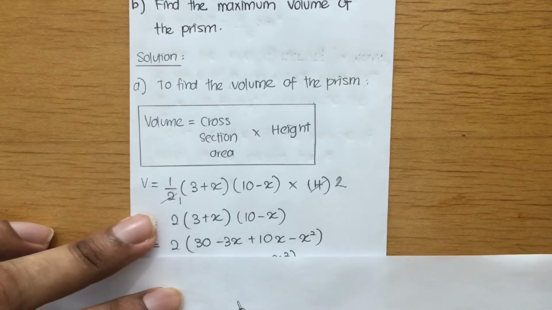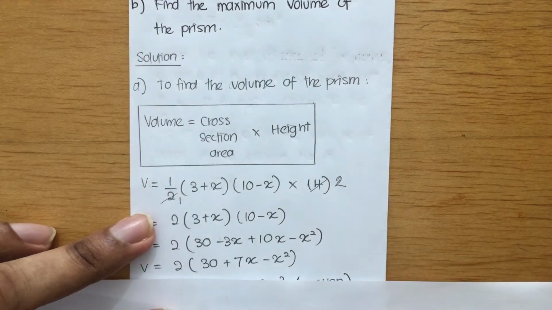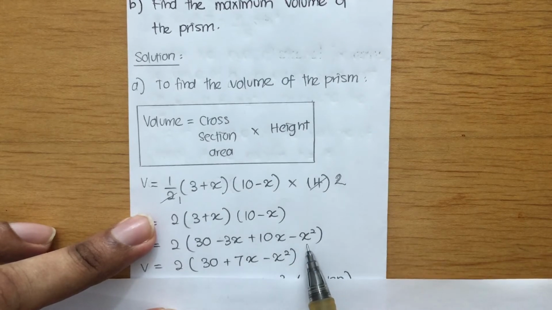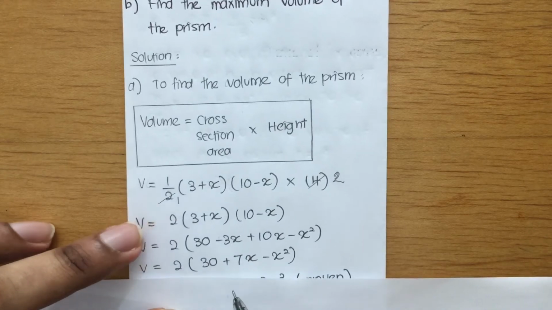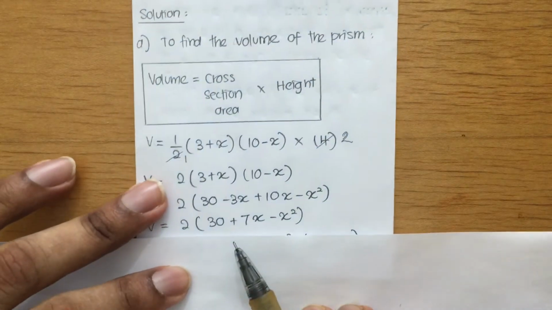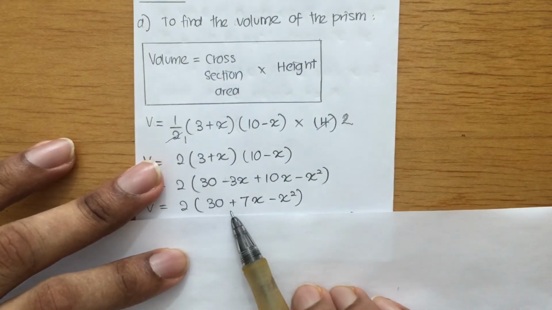Okay. So moving on to the next step. So we simplify the inside equation. So from here you get 2 in a bracket, 30 plus 7x minus x squared. Okay, so for the next step, we're going to expand the 2.